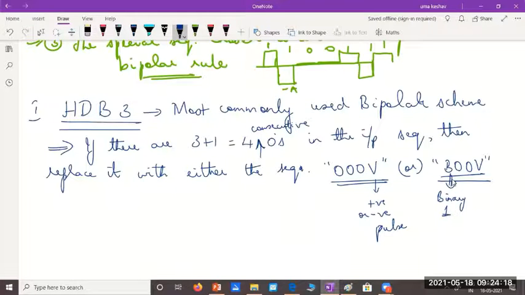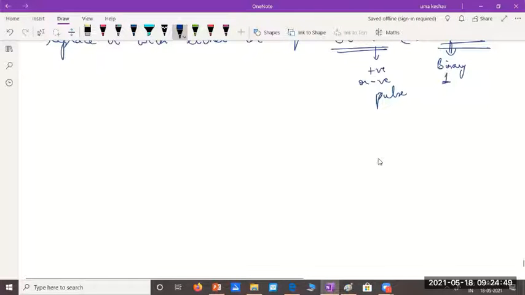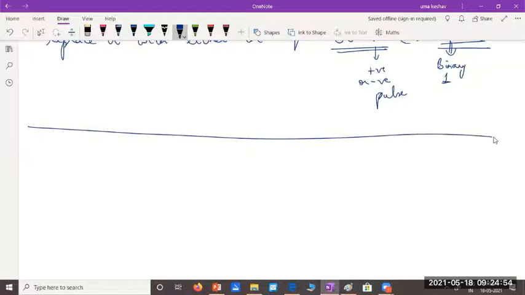Again, depending on the sequence, it will be represented with a positive or negative pulse. So what I'm trying to do is replace 4 consecutive zeros in the input data with either 3 zeros and 1 positive or negative voltage, or with a B, 2 zeros and another positive or negative voltage. I think I'll write it in the form of a table, how you should do the replacement. It will be easy for you to remember.